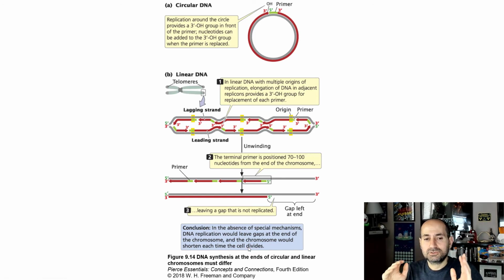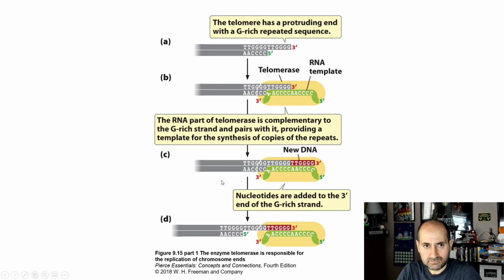You don't want your chromosomes to shorten every time the cell divides, right? And when you have linear chromosomes, that's a true problem. If you don't recall why, again, watch that video from Biology 1406 that makes it clear why the ends of the chromosomes would shorten at the telomeres every time the DNA is copied, every time the cell divides.